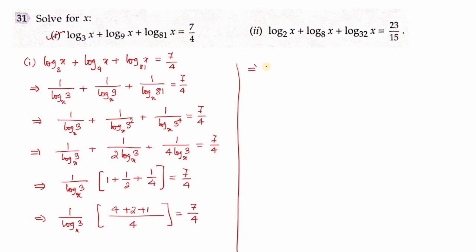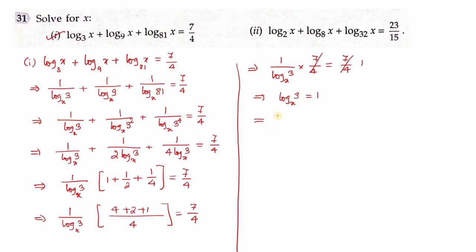So here we have 1 by log 3 at the base x into, when you simplify this, the numerator is 7 by 4, is equal to 7 by 4. Okay, so you can directly cancel here. So here we now have 1. Let's do the cross multiplication. This into 1 is log 3 at the base x is equal to 1.